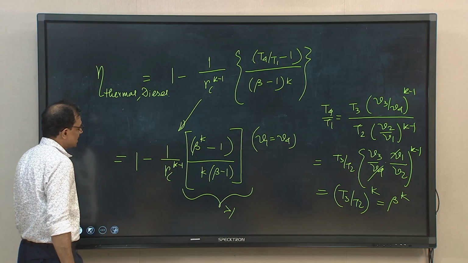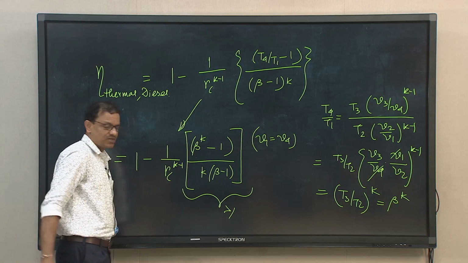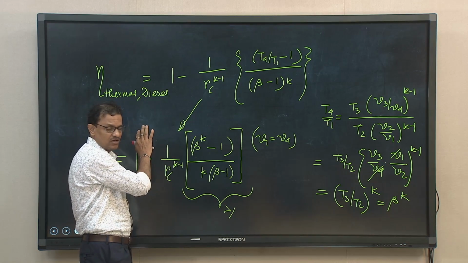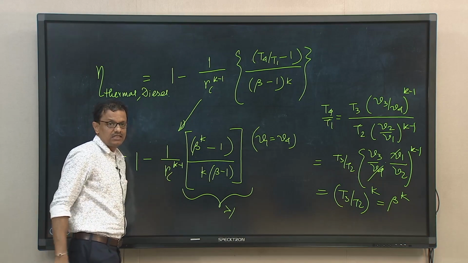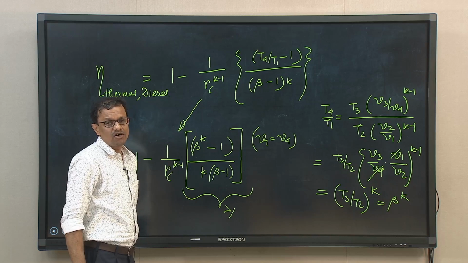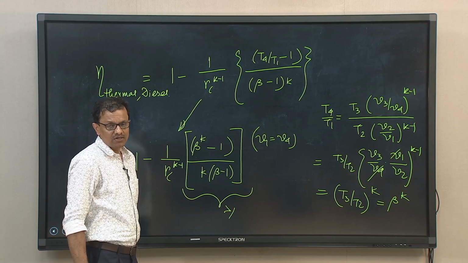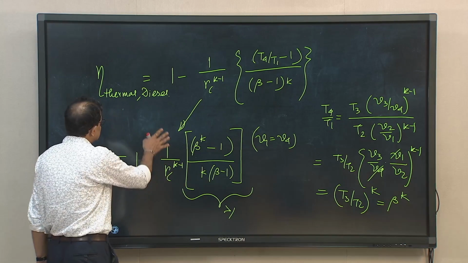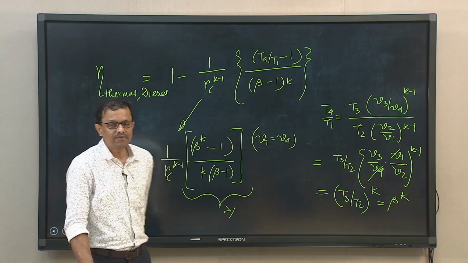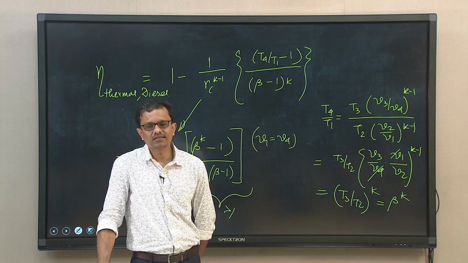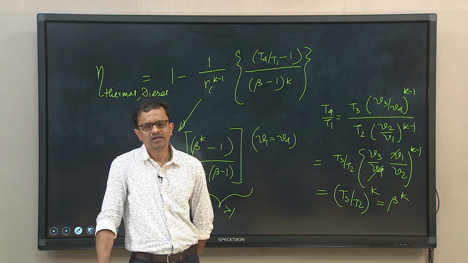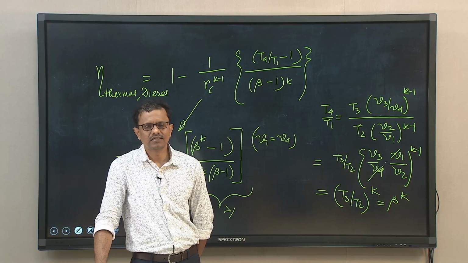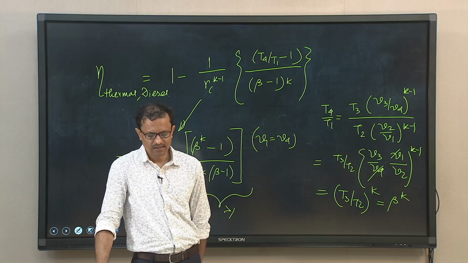So, for a given compression ratio, the thermal efficiency of the diesel cycle or diesel engine is always less than the thermal efficiency of the 4-stroke cycle petrol engine or SI engine. Now, since diesel engines typically have higher compression ratios, 4-stroke cycle CI engines will always have higher thermal efficiency than 4-stroke cycle SI engines.